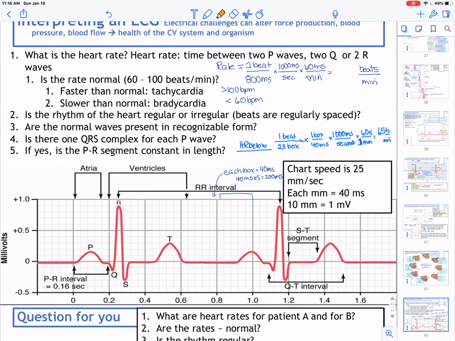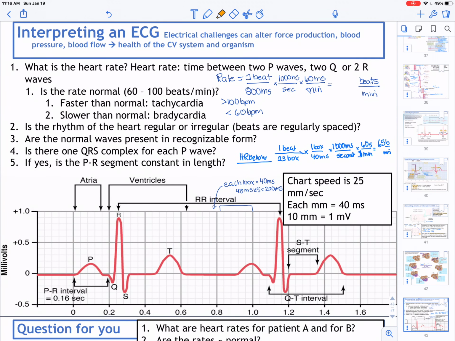Here is another example that was in your slides, and this really walks you through how you would approach interpreting an ECG from a patient that had a problem for which you are running an ECG. So when would you run an ECG?